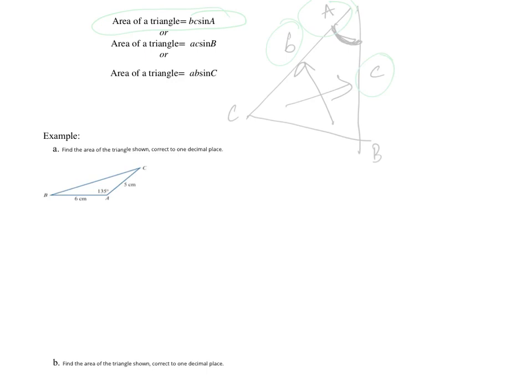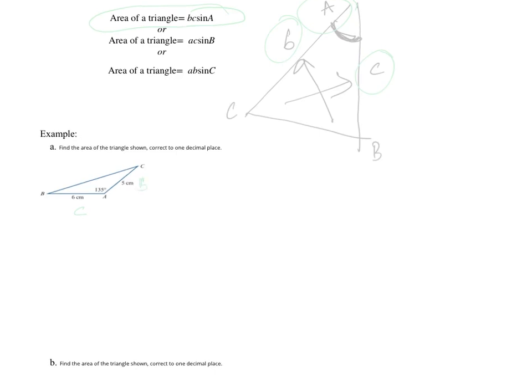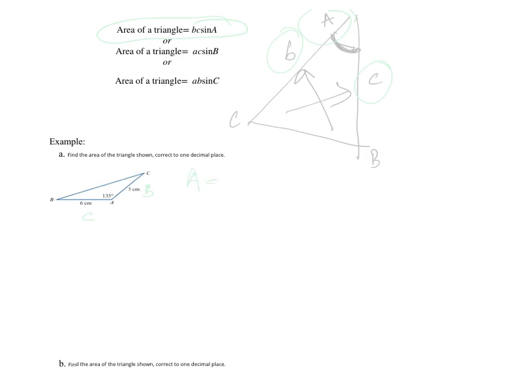So let's have a look at this example here. In this example, you've got side C, you have side B, which is across from angle B, and you have angle A. So angle A is equal to 135 degrees. You have side C, which is equal to 6 centimetres, and you have side B, which is equal to 5 centimetres.